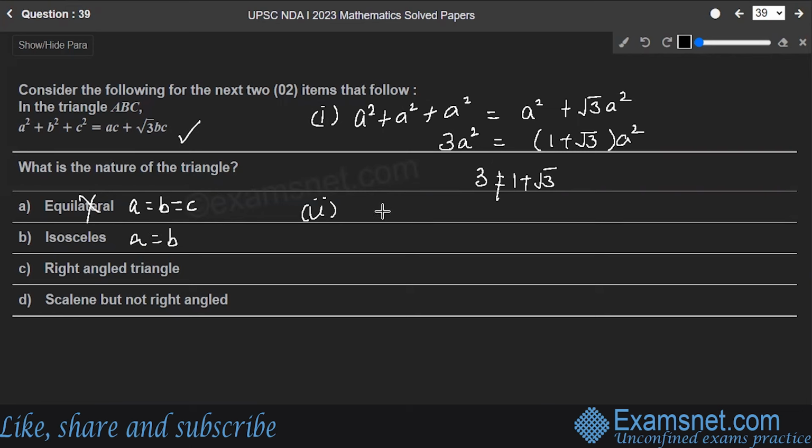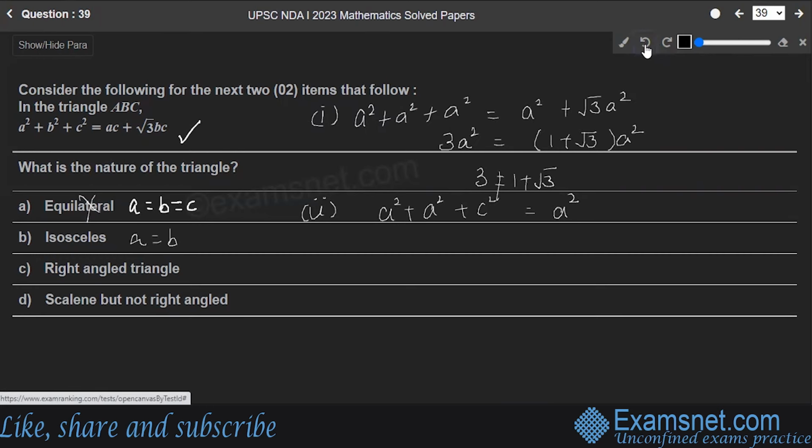Second one is isosceles triangle. Let A is equal to B. So this will be A square plus C square plus AC plus root 3 BC.